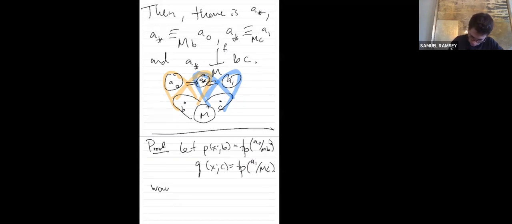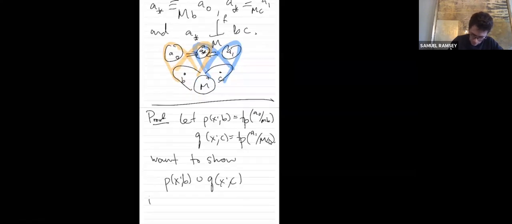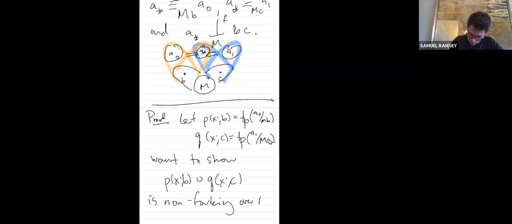So we want to show what? We want to show that the union of these two types is non-forking over M. Now, of course, an inconsistent formula forks. So part of being non-forking is being consistent. So we want to show that first it's consistent, we can realize it, but additionally, we can choose a realization which doesn't fork with B or C. So that's the goal.